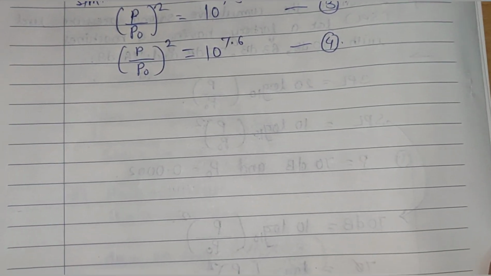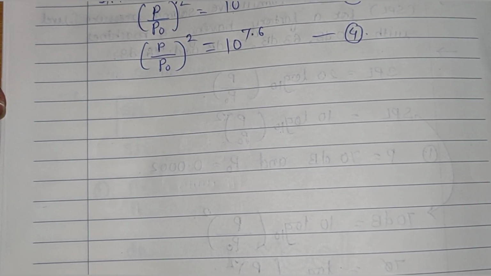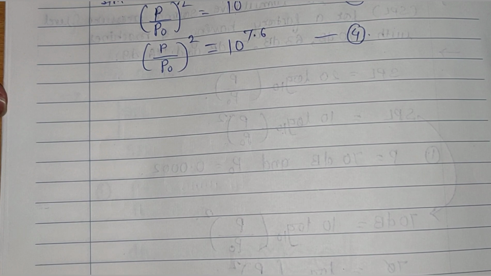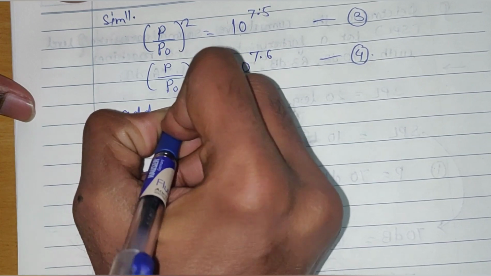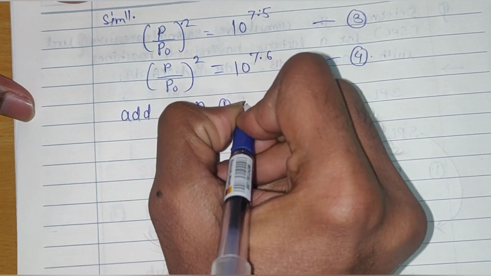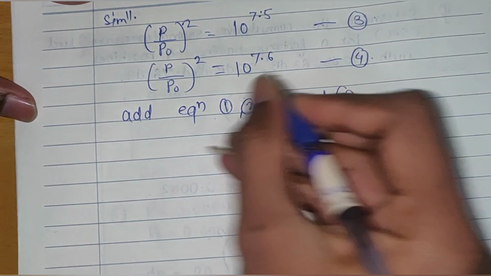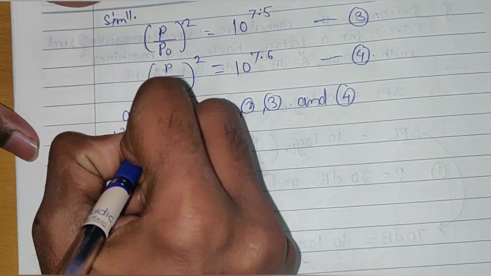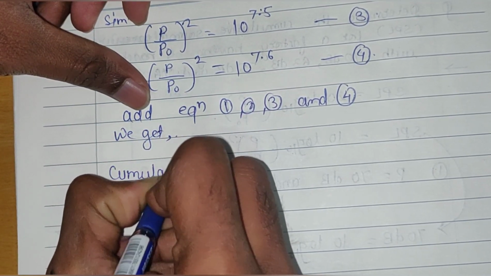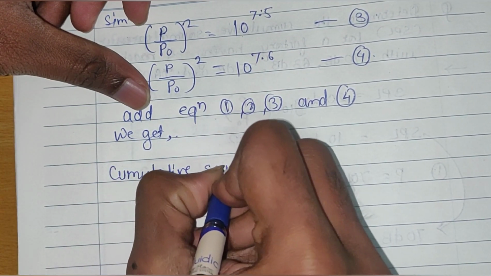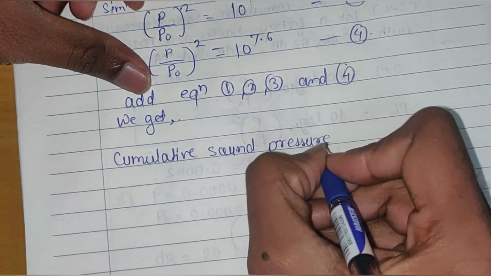Now, as we have to find the cumulative value of sound pressure level, first we have to calculate the cumulative value of sound pressure. So add all these equations, equation 1, 2, 3 and 4. We will get the cumulative sound pressure upon reference pressure.